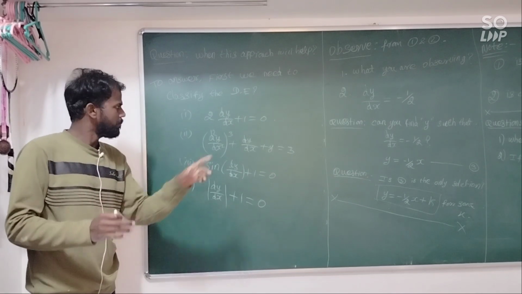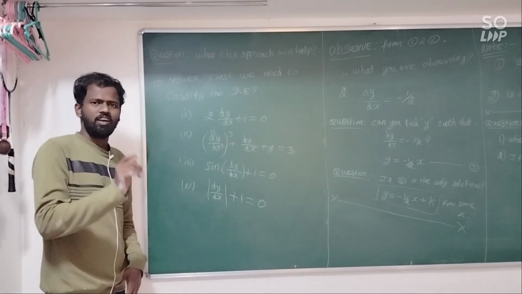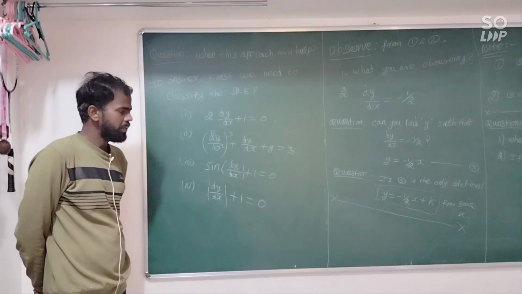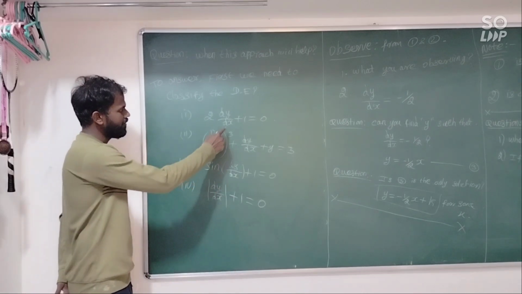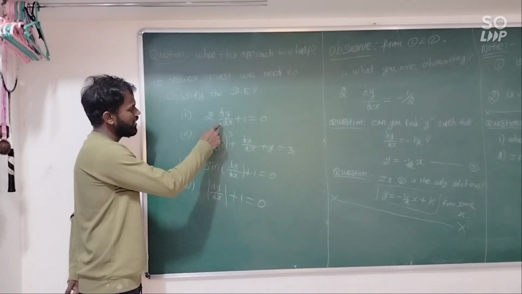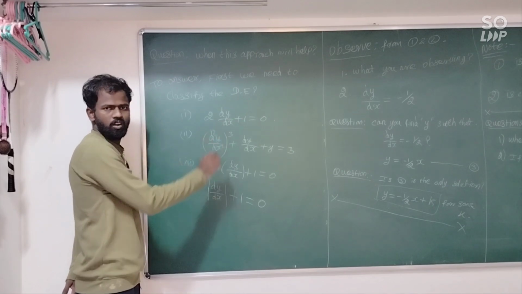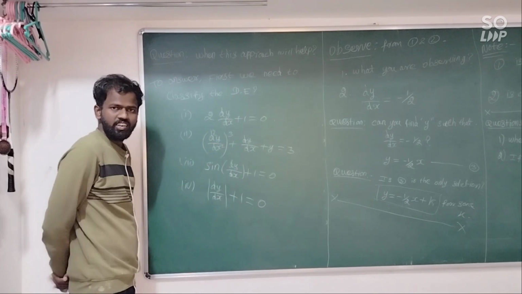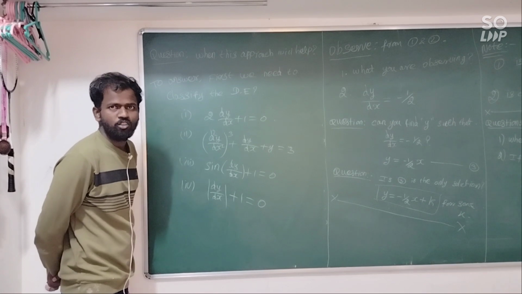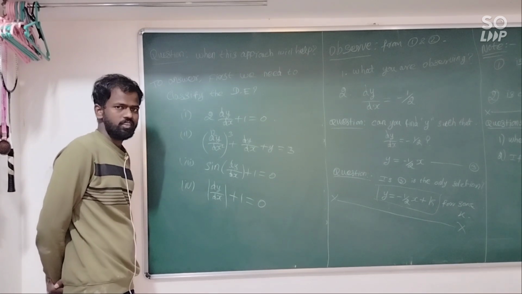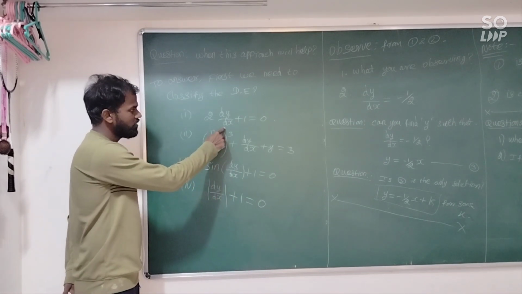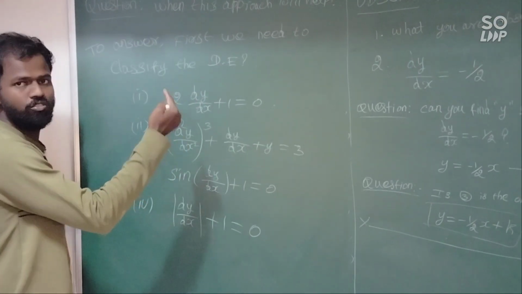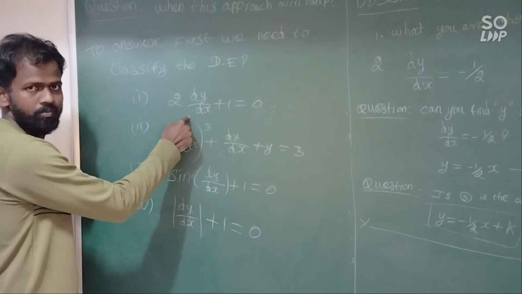So initially, by looking at this differential equation, how can we first classify it? What could be our guess? You have the derivative, right? So here, what is the order of the derivative? 1. But I didn't define what the order of a derivative is, right? The order of the derivative is nothing but the highest derivative's order used in the equation.